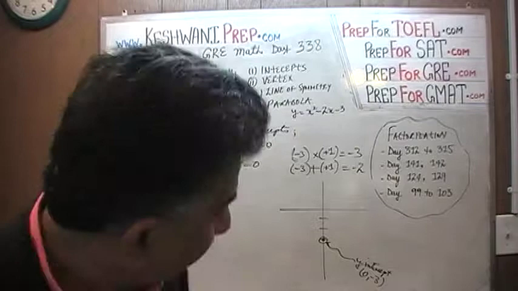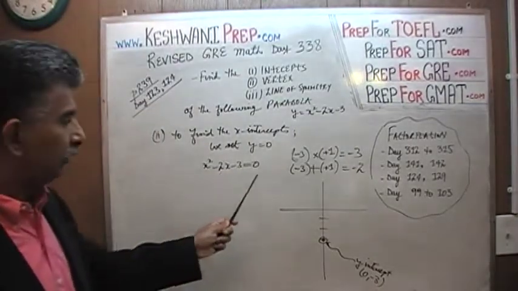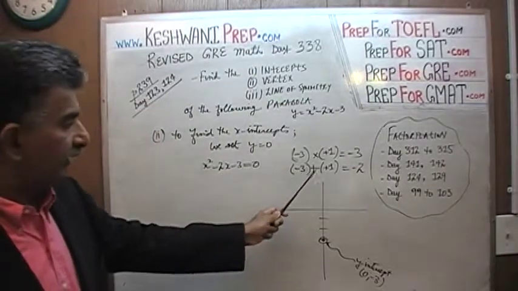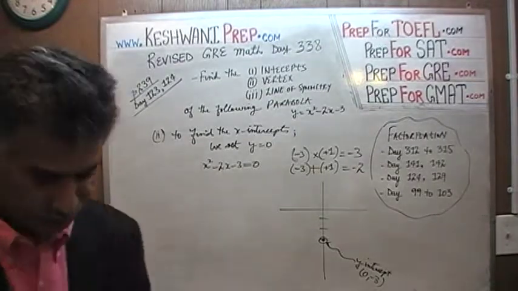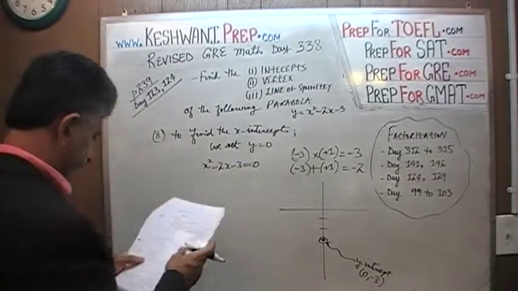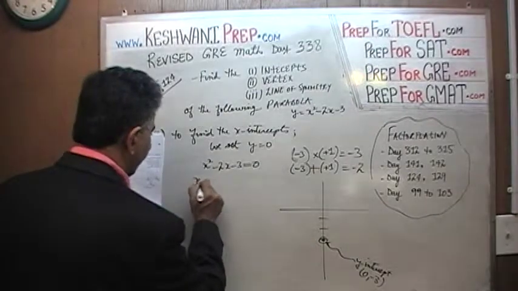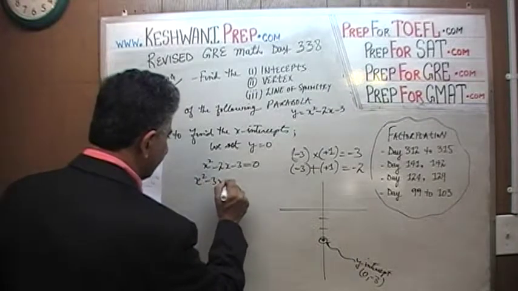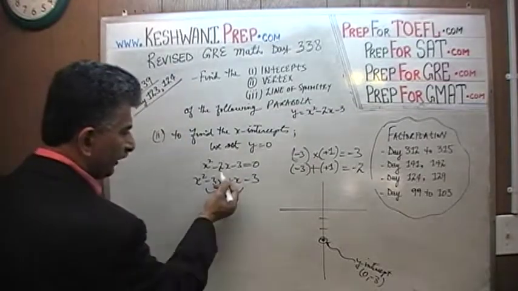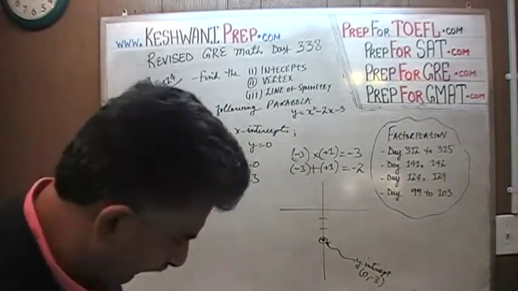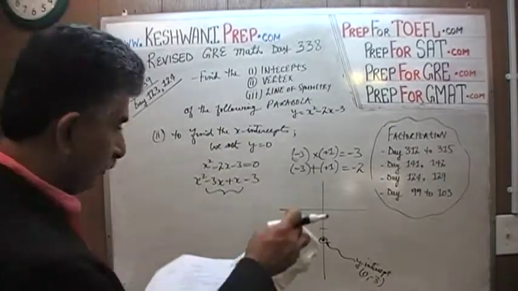In other words, we're going to break up our -2x into a -3x and a +x. A -3x and a +x is going to give us our -2x. So x squared minus 3x plus x minus 3. As you can see, -3x and +x gives us our -2x in the middle there. And if I lost you already, then you need to watch those videos.